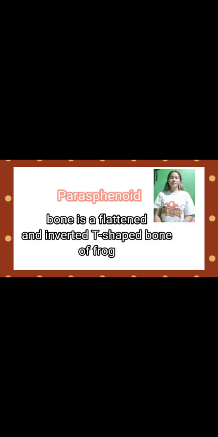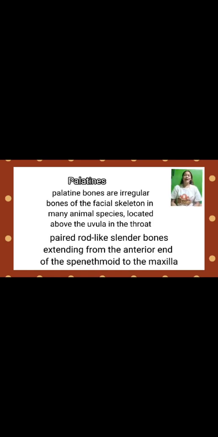Parasphenoid bone is a flattened and inverted T-shaped bone of the frog. Vomers are teeth-bearing bones just posterior to the premaxilla. Palatines are irregular bones of the facial skeleton in many animal species.